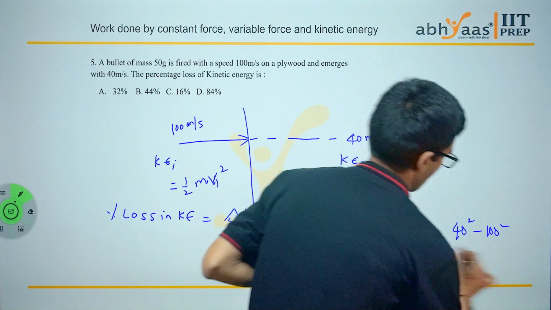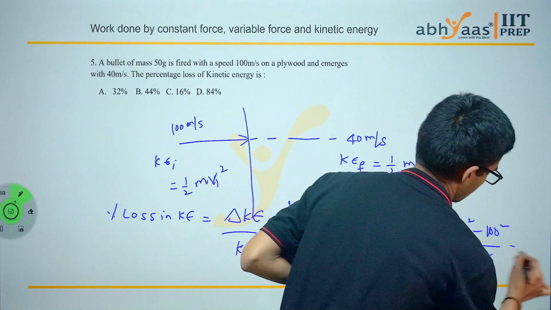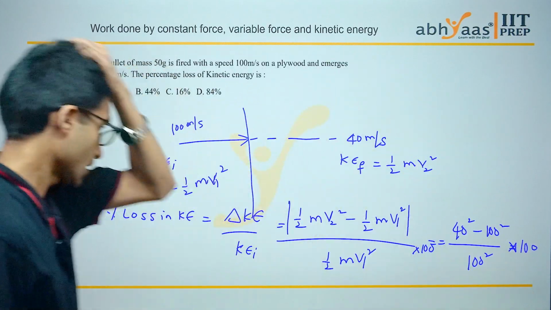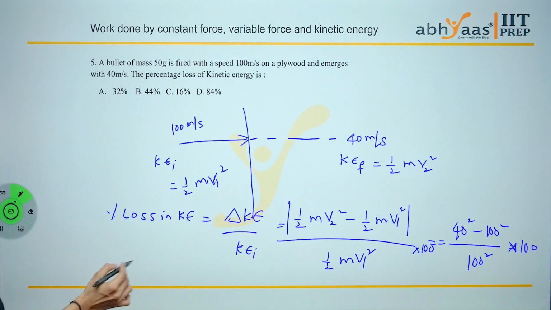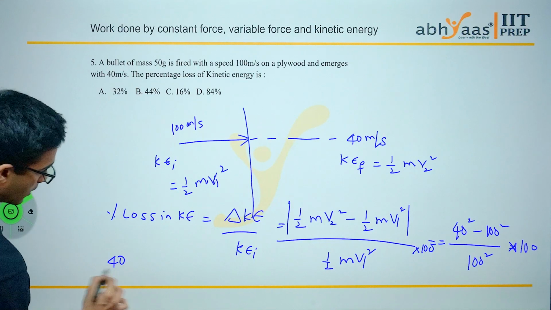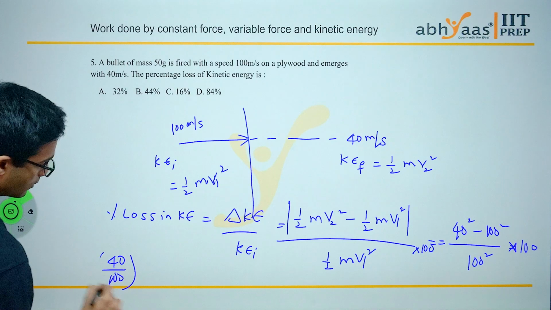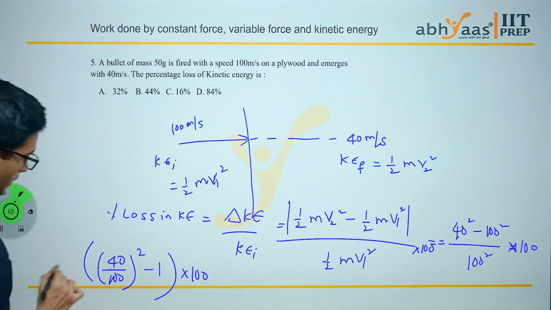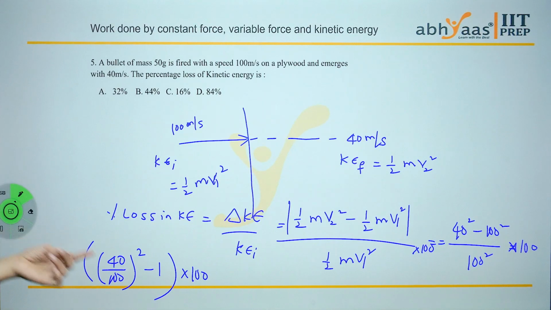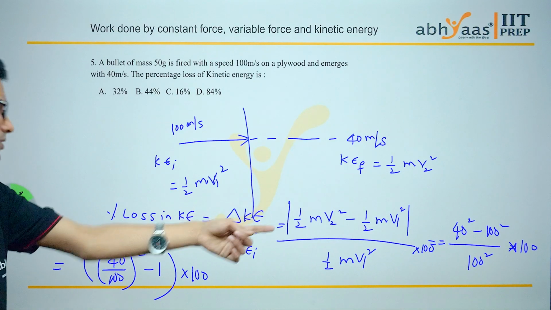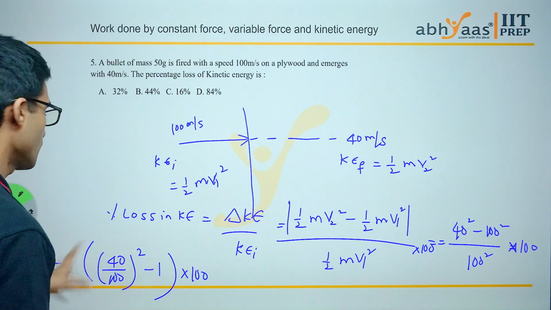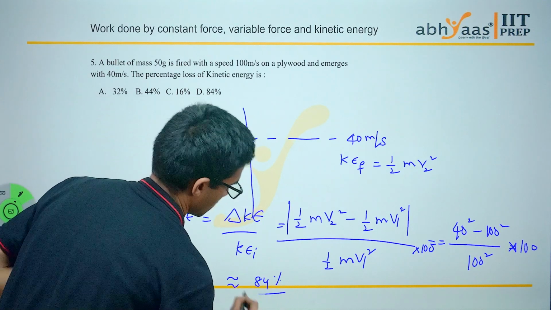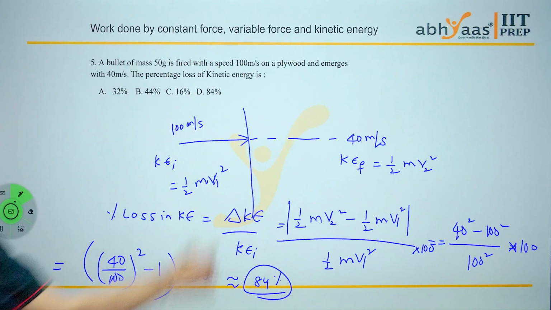So 1600, you can easily calculate, 40 by 100 square minus 1, into 100. You just calculate this. That is 2 by 5 means. KE final, this is modulus, so negative will be positive only. So if you calculate, it is around 84%. You just calculate this.